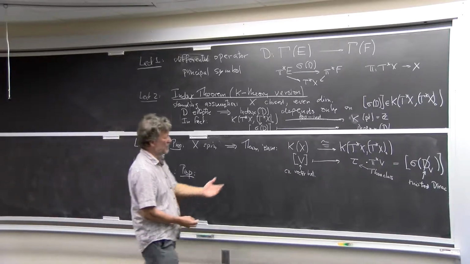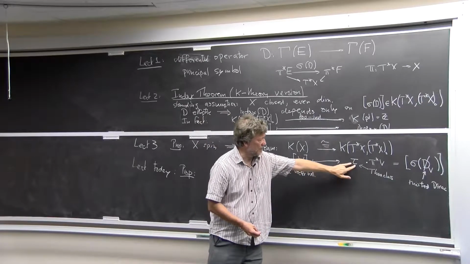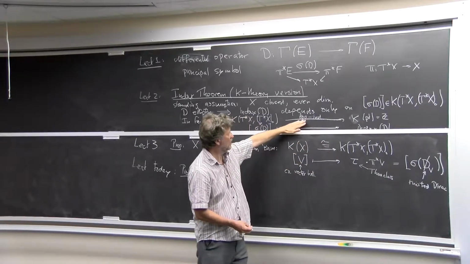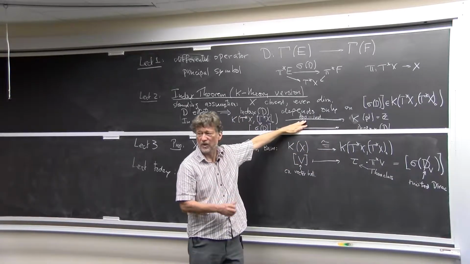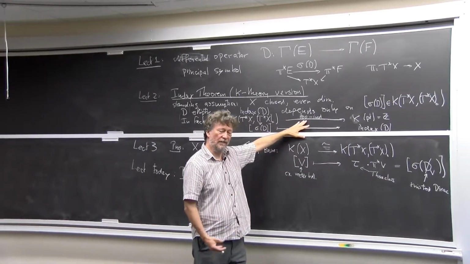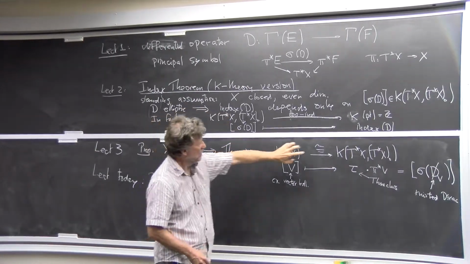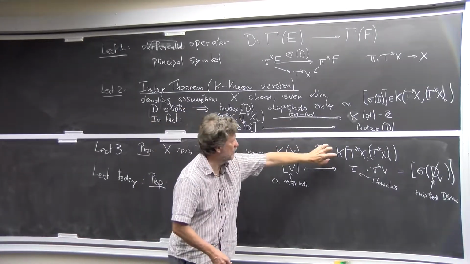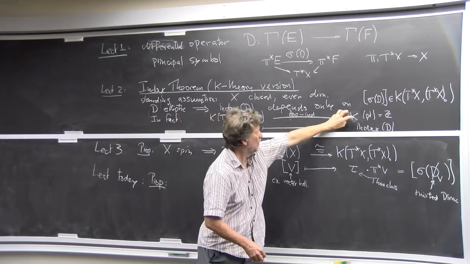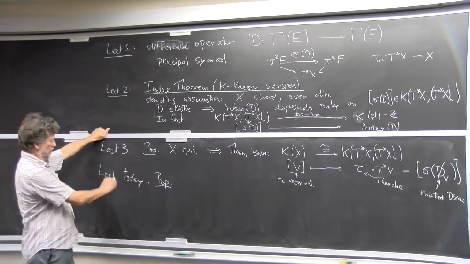I mean, both of these maps have pretty intricate definitions. This is a Thom isomorphism, and this also was defined in terms of other Thom isomorphisms, and these are not easy to capture calculationally. So we want to understand the composition of these two maps, the Thom isomorphism and the topological index map, in a more explicit form. And that's sort of what the goal is today.